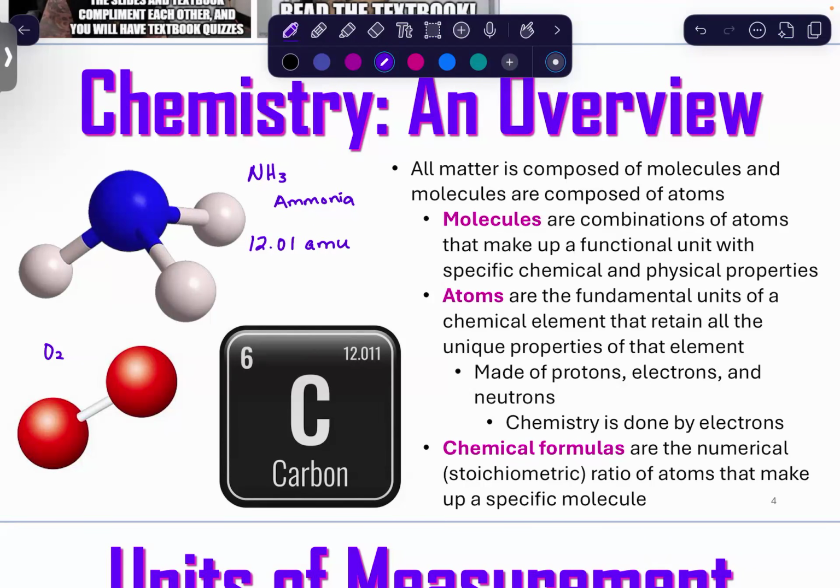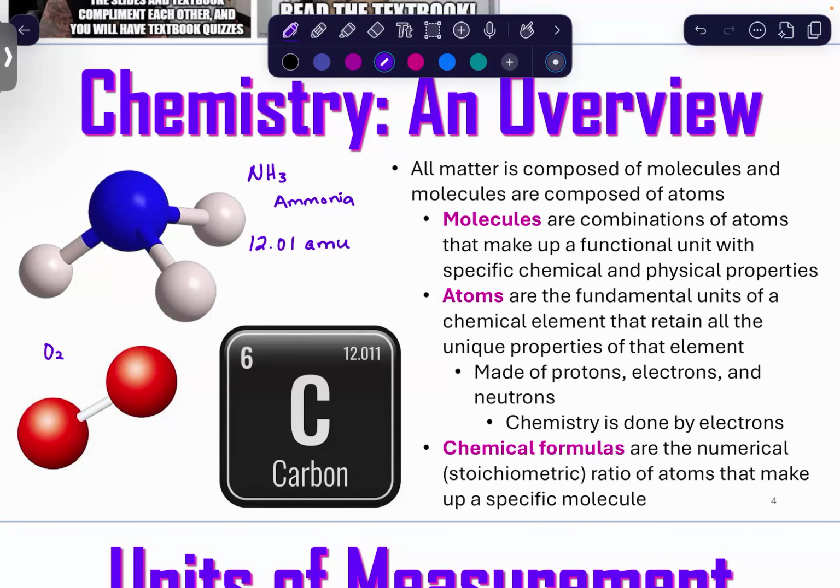AMUs stands for atomic mass units. Make sure you know that each carbon atom weighs 12.01 AMUs, and you read each element on the periodic table the same way. One atom is going to weigh the mass number, in atomic mass units.